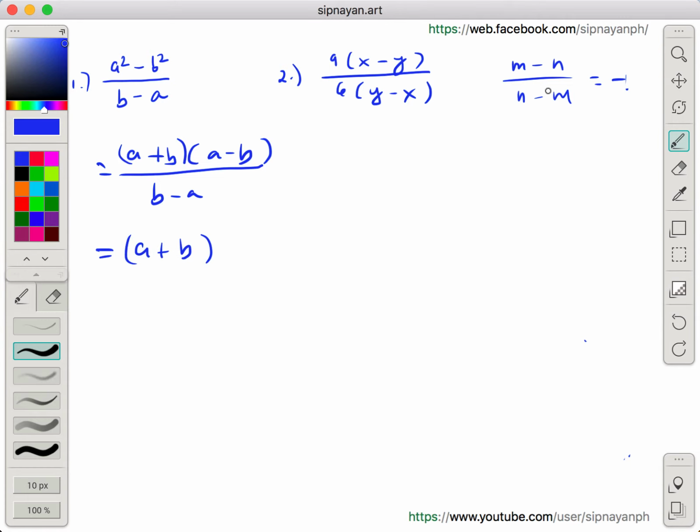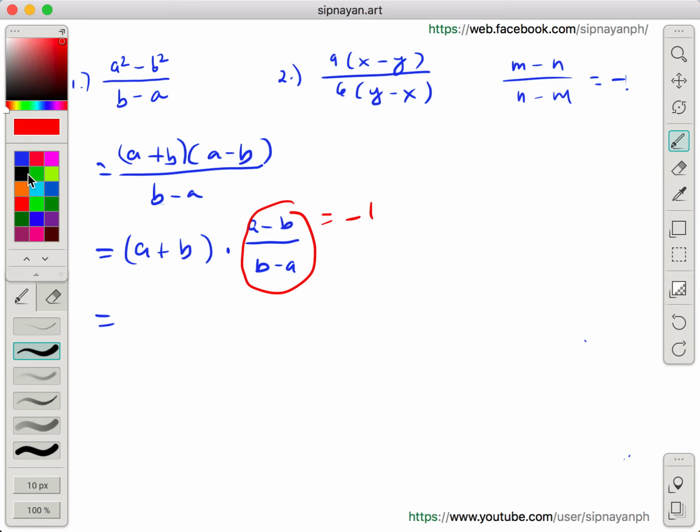Pareho sila, di ba? A minus b, baliktad sila, tas minus. Ibig sabihin, pwede natin siyang a minus b over b minus a. And this one is equal to negative 1.